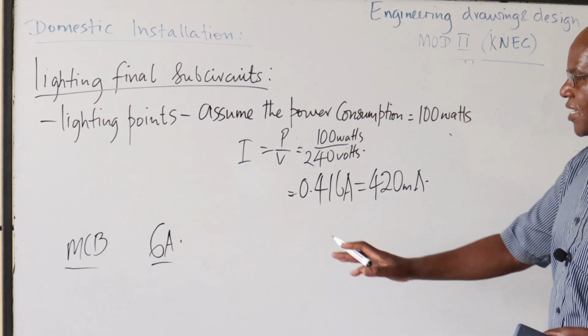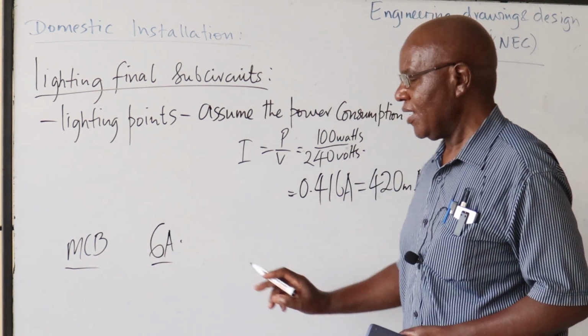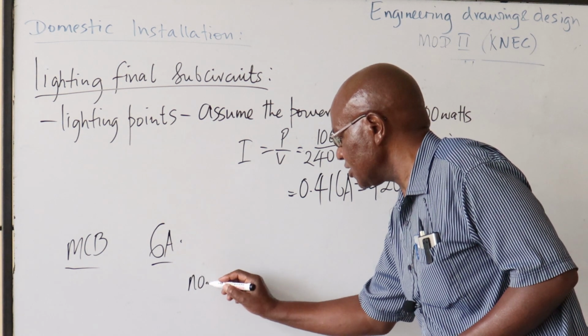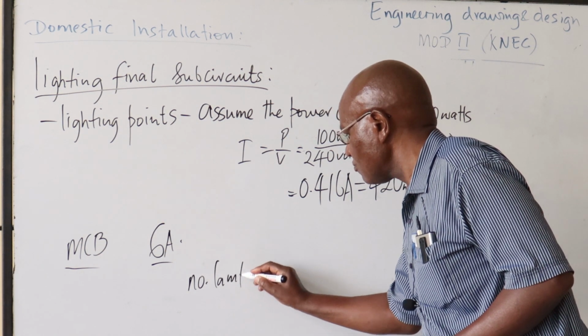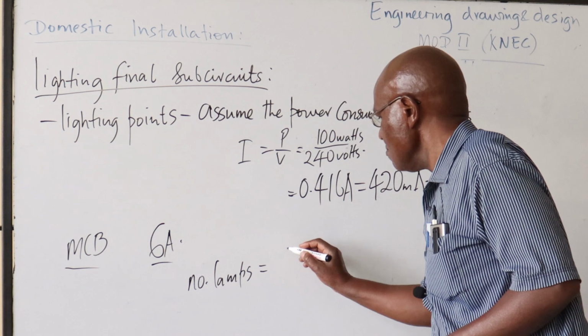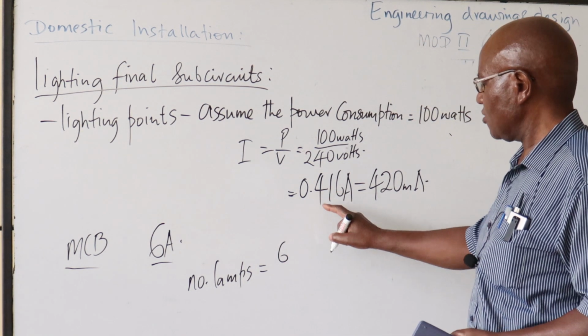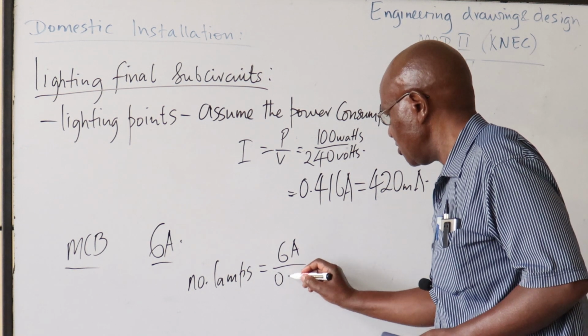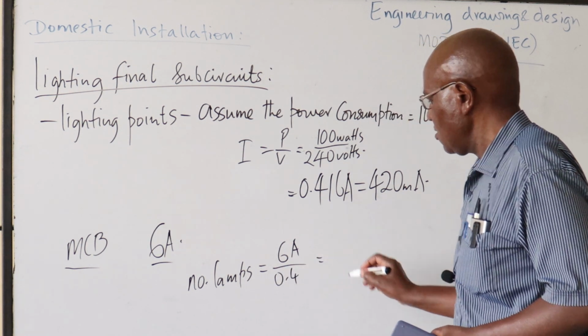C6. So you can see now, if you work out the number of lamps this one MCB can protect, it will be 6 amperes divided by 0.4.